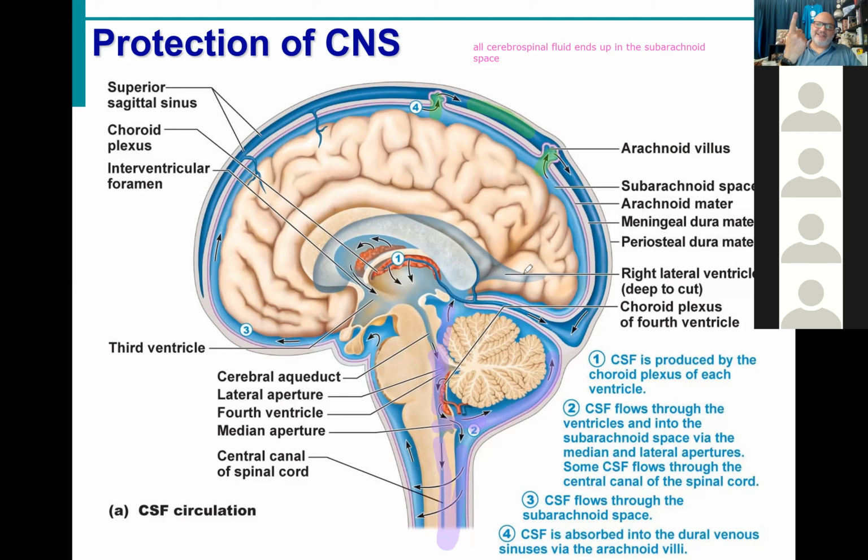As we learned in the skin, a finger-like extension is called a villi, or the singular being villus. So we have these arachnoid villi, or what are also known as arachnoid granulations, that stick out into that dura, allowing us to release that cerebral spinal fluid back into the blood that it came out of.